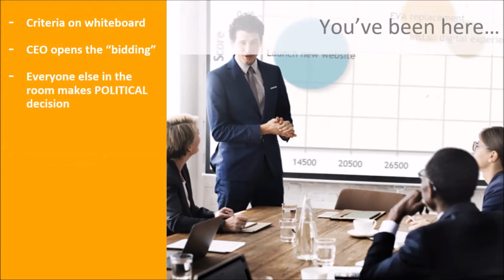Everyone else in the room stops thinking about what the right number is and why, and they start thinking about, shall I take on the CEO? Is that a politically clever thing to do? So suddenly this is about politics and game playing, and it's not really about having a meaningful discussion about those criteria weights.